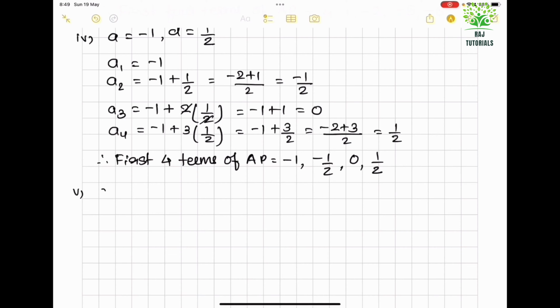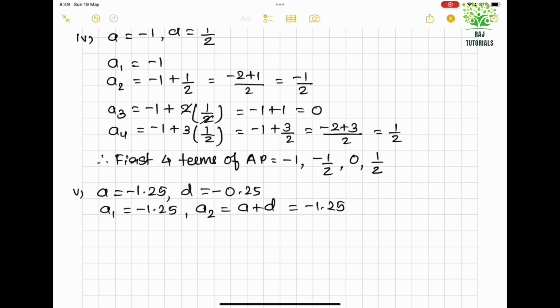The fifth one is A equal to minus 1.25, D equal to minus 0.25. A1 will be minus 1.25, A2 will be A plus D, so that will be minus 1.25 plus minus 0.25, so that will be minus 1.50. A3 will be minus 1.25 plus 2 into minus 0.25.